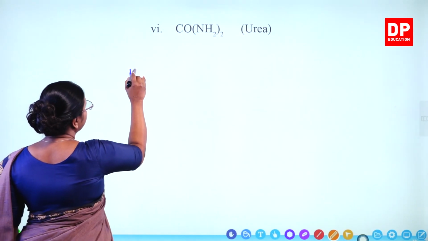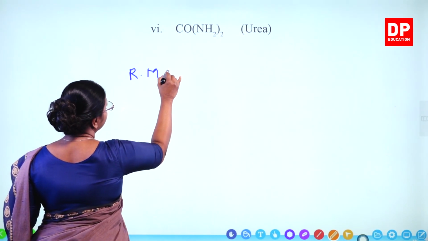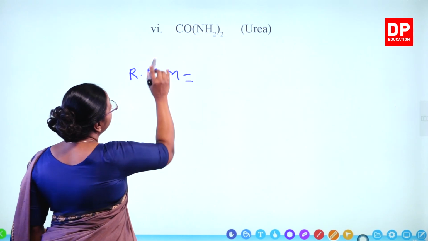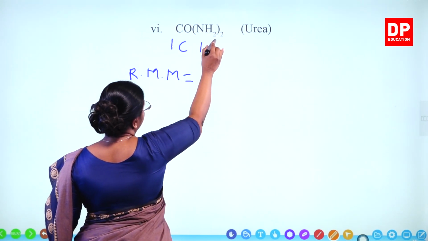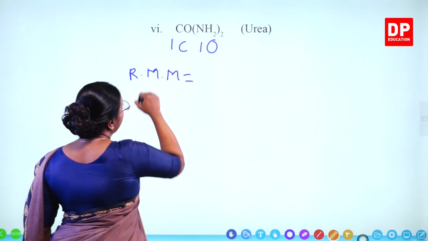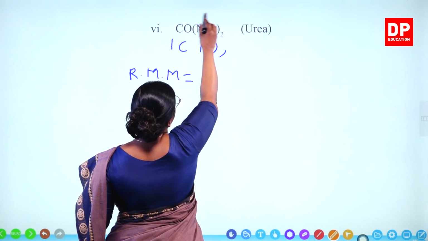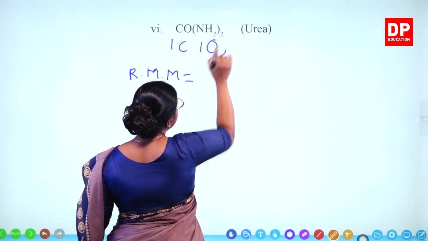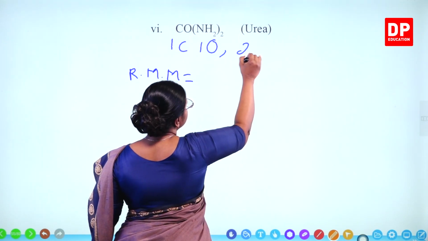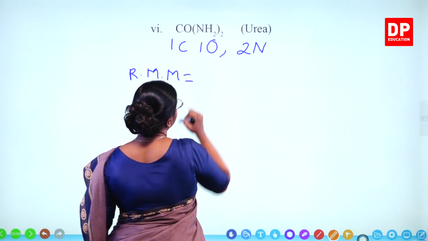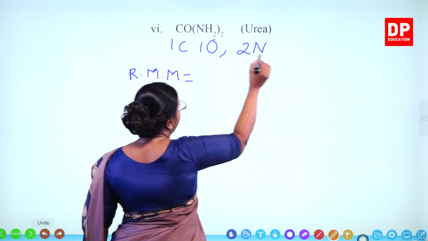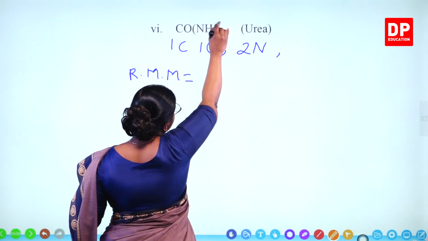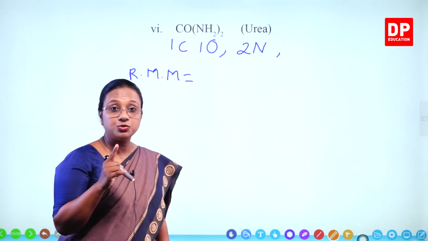Then the next one, CONH2 twice, urea. So here, if we calculate the relative molecular mass of urea, how many carbons are there? There is only one carbon, one oxygen atom. And also, now if you take this part, NH2 twice, that means there are 2 nitrogens, and now see there are 2 hydrogens there, H2.